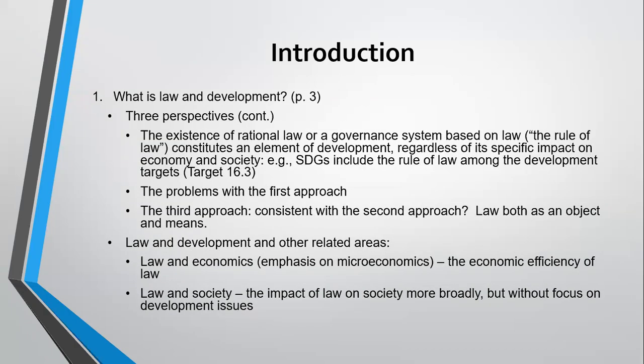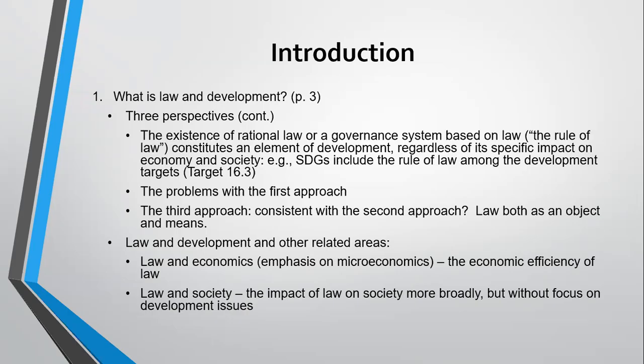The third approach is that the existence of rational law or a governance system based on law, called the rule of law, constitutes an element of development, regardless of its specific impact on economy and society. An example would be the present SDGs, the Sustainable Development Goals, that include the rule of law among the development targets.